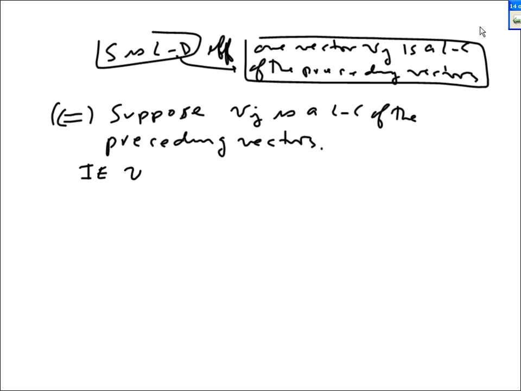That is, vj is c1v1 plus a scalar times v2 all the way up to a scalar times the vector before vj, which is vj minus 1. The scalar is called cj minus 1.